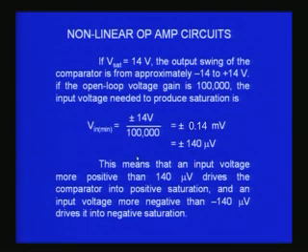So what you understand here is that if the input voltage is more positive than 0 by 140 microvolt, the output will go to plus VCC, and if the input voltage goes below 0 by 140 microvolt, the output will go to minus 14 volts.